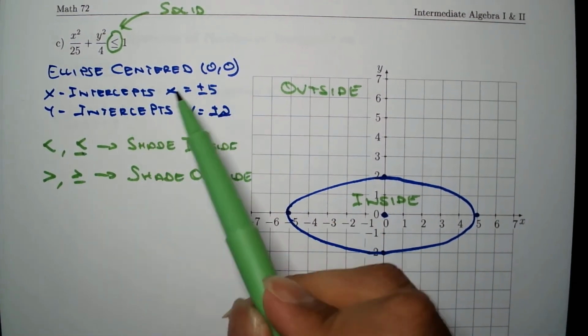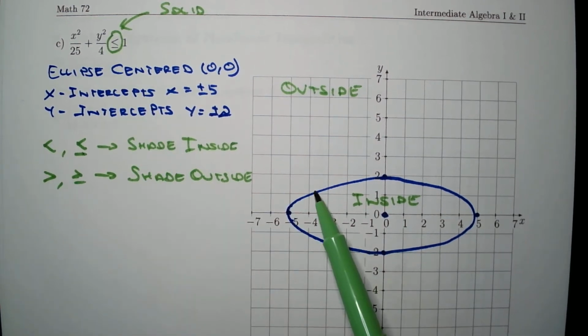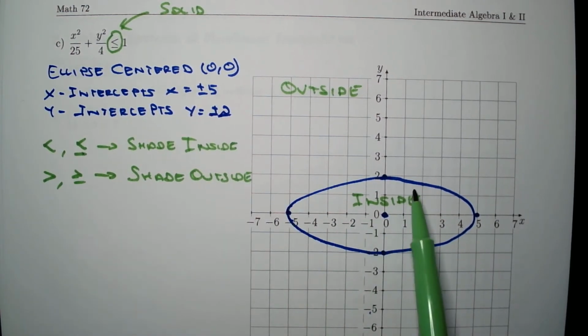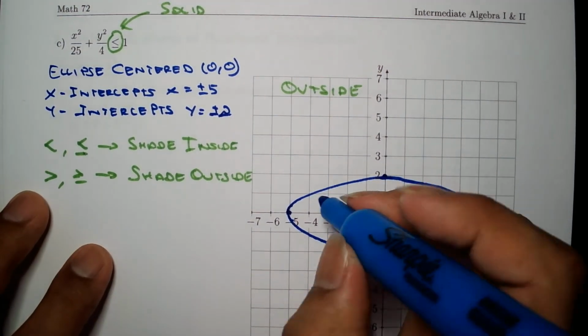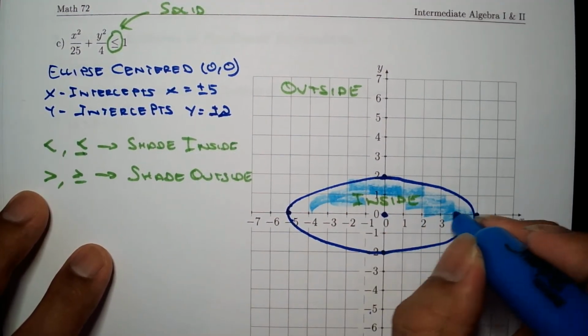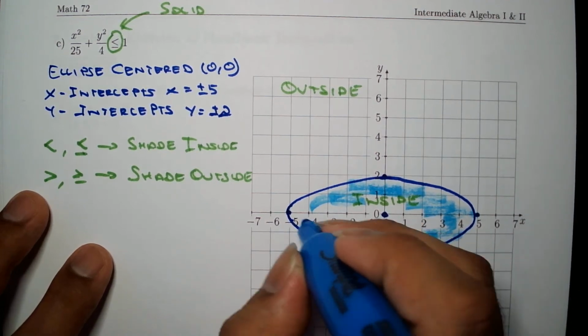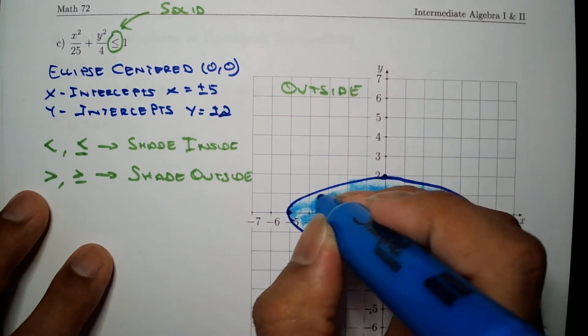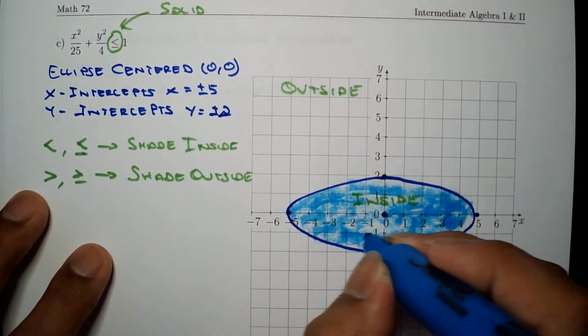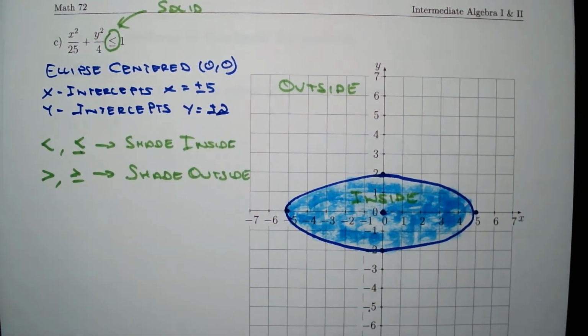I mean, if we had a less than only, this would have been dashed, but we still shade inside. So let's go ahead and shade inside. All right, inside. So that's how.